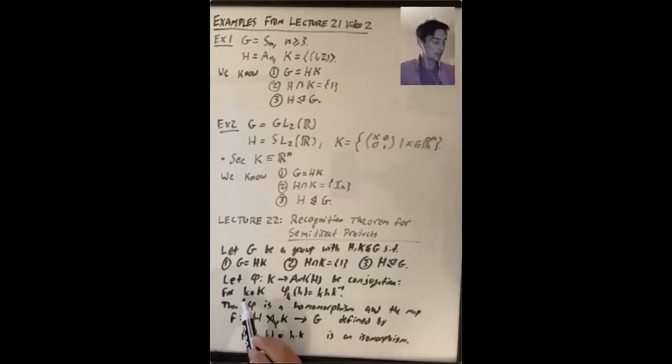For any element little k in K, we define phi_k applied to h to be k h k inverse. So phi_k is this automorphism of H that we get from conjugating by k. Well, then this really is a homomorphism. And the map that takes H semidirect product K to G by taking the pair (h, k) to the product hk is an isomorphism. So we proved that in the last lecture.